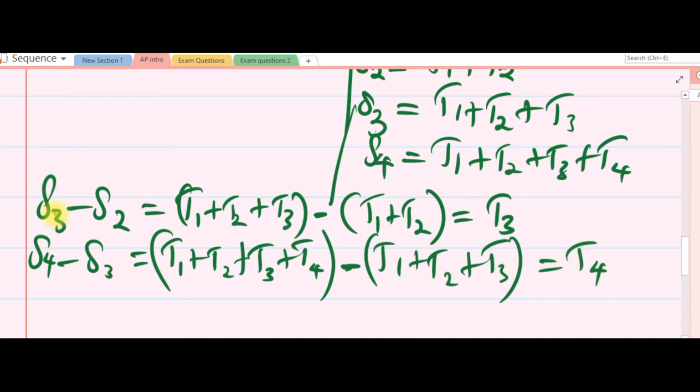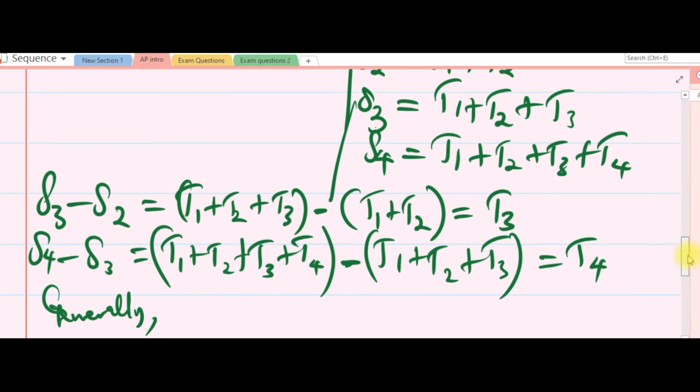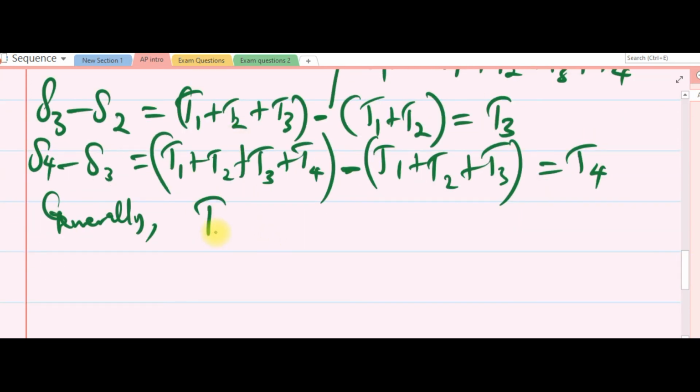So what do you notice? The subscript here is 3. The subscript here is 3. Here it is 2, and the relationship between 2 and 3 is 2 plus 1. So generally now, if you are asked to find the nth term of an arithmetic sequence, it's the same thing as finding the difference between the sum of the first n terms and the sum of the first n minus 1 terms.